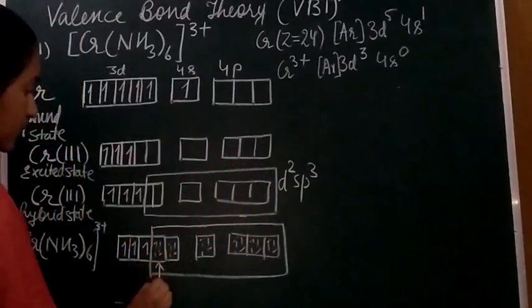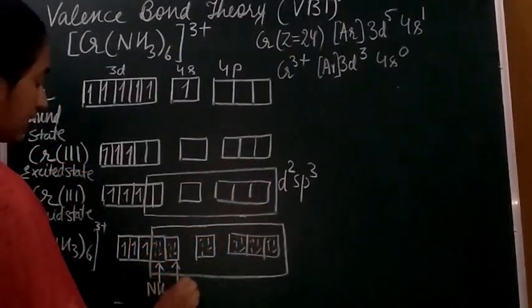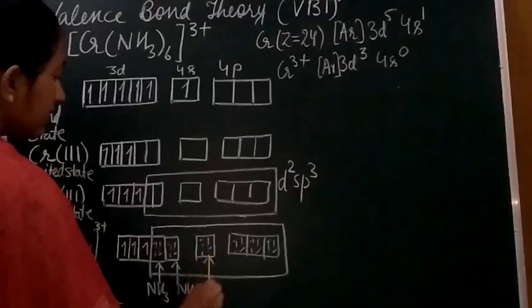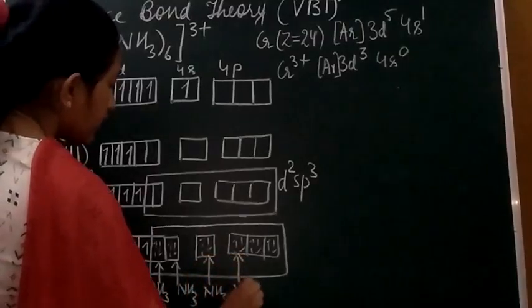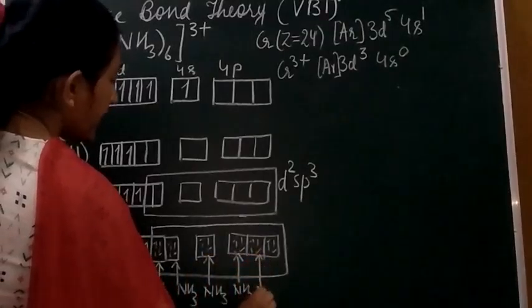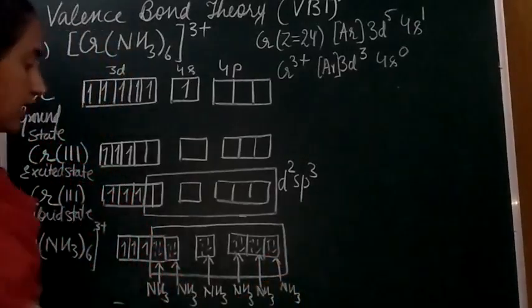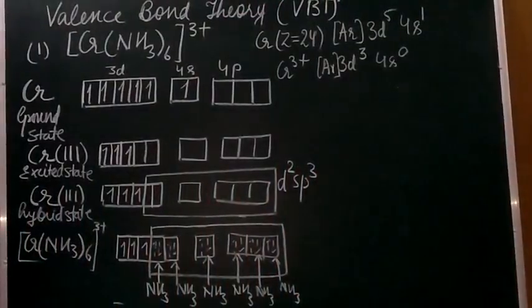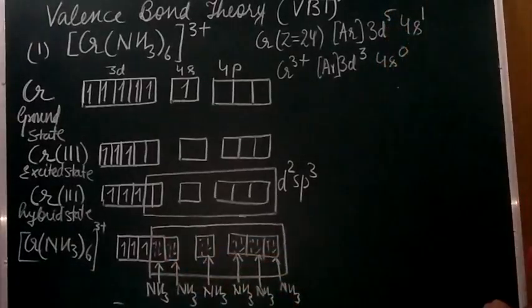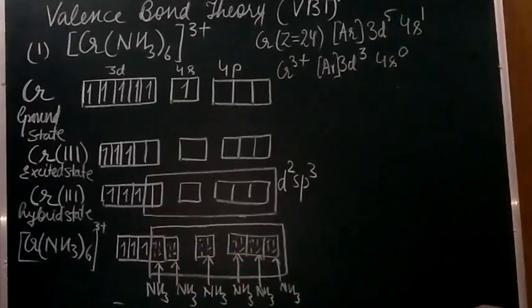That means this pair is given by one ammonia ligand. This pair is given by another ammonia ligand. This one by the third ammonia molecule. This is fourth. This is fifth. And this is sixth. Right students, so in total we have got 6 ammonia ligands, and each ammonia molecule is giving one electron pair to this central metal ion, right?